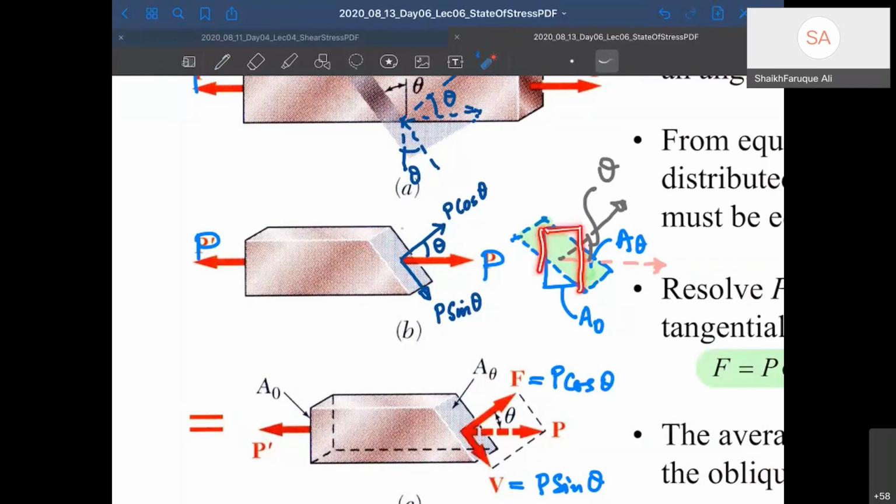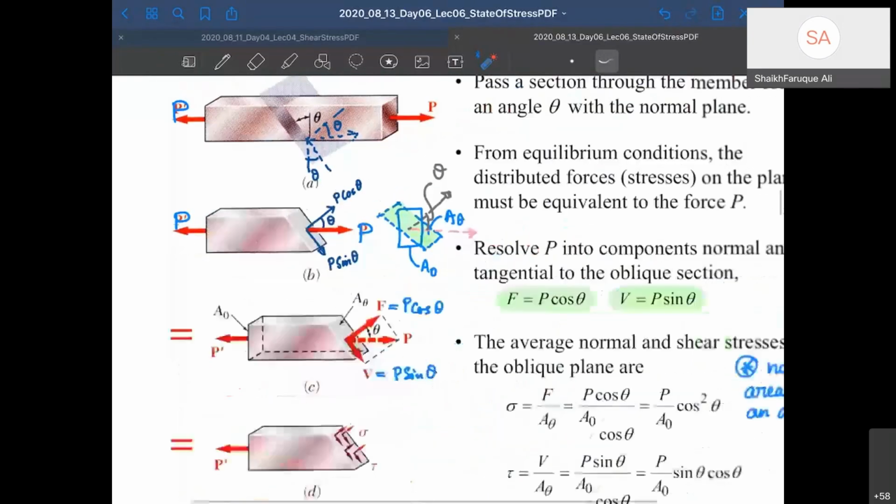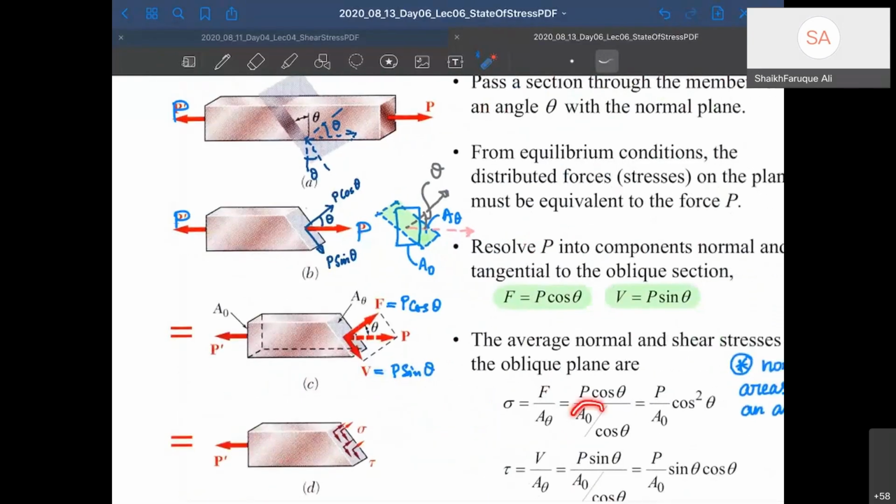So if your vertical area is A0 and your inclined area is A theta, the relationship between these two areas is A0 by cos theta. The area is going to increase, because the minimal area is the vertical cutout. Therefore you have to divide by cos theta, so the area is A0 by cos theta.